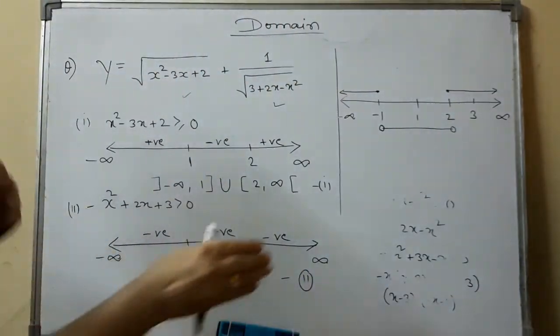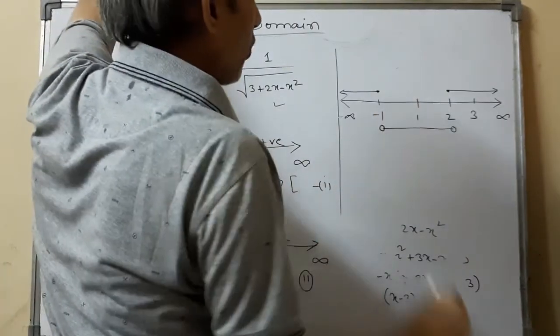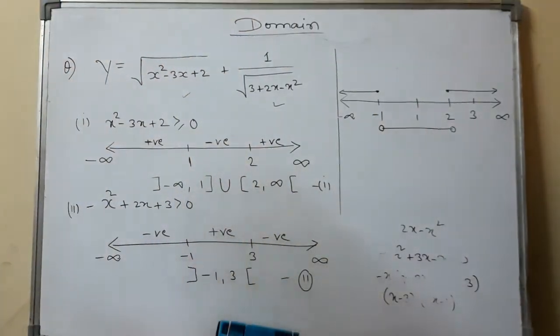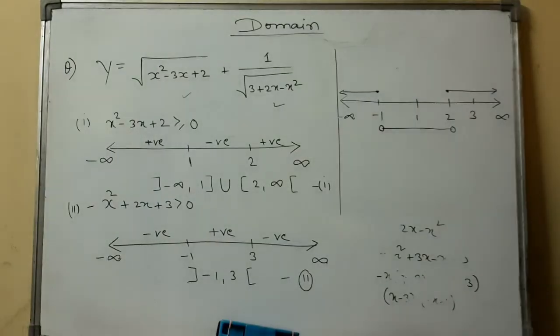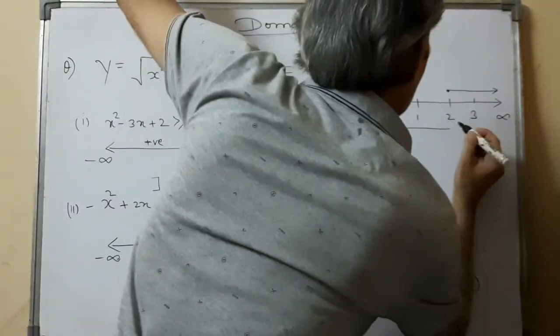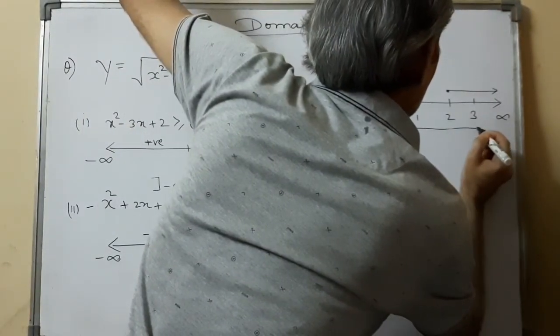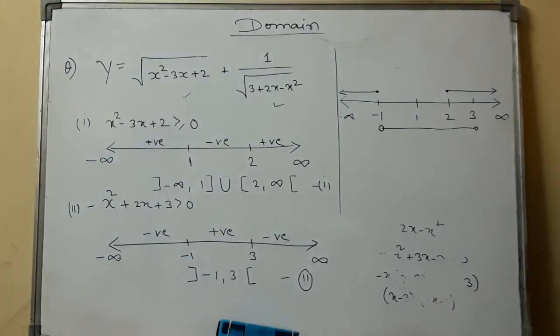Now you can very well see what is common in these two. Is there something common? In fact, it is minus 1 to 3. So, is there anything common?